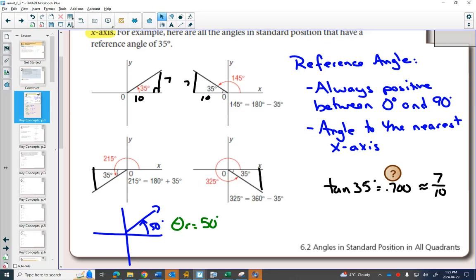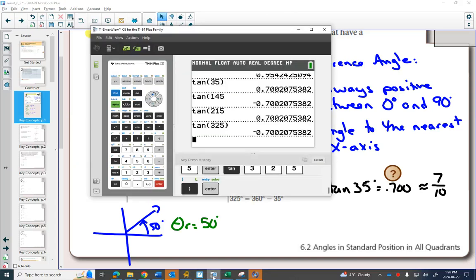It says that you could draw that same triangle in quadrant 2. But now if we think of coordinates, can you see that your opposite side is still positive because it's going up? But now my adjacent side is going to the left, it would be negative. And so because of that, when I do tan of 145, I got a negative answer.